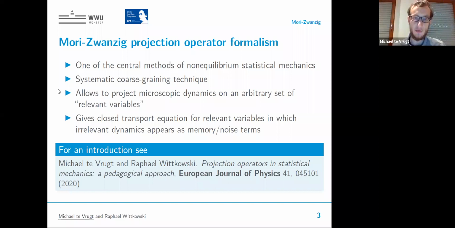And the irrelevant part of the dynamics then appears as memory or noise terms. And an introduction to this method can be found in this article, which we've published in European Journal of Physics last year.